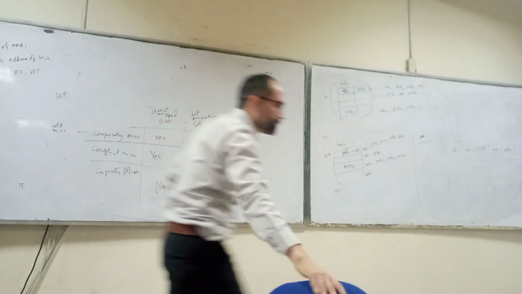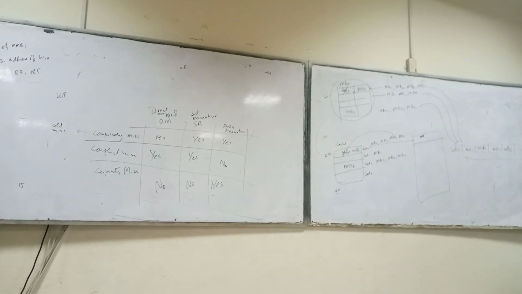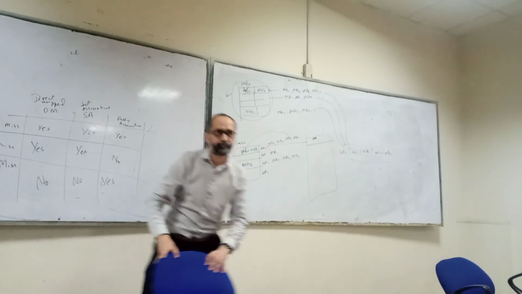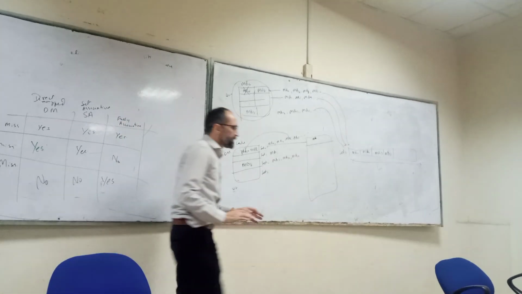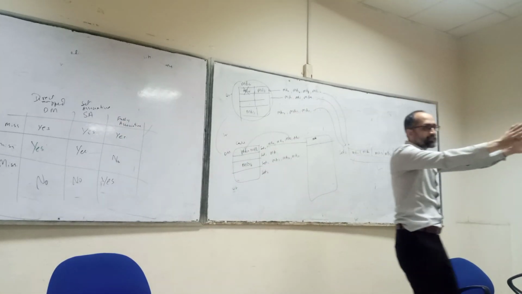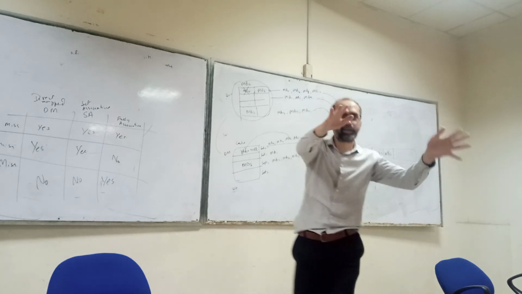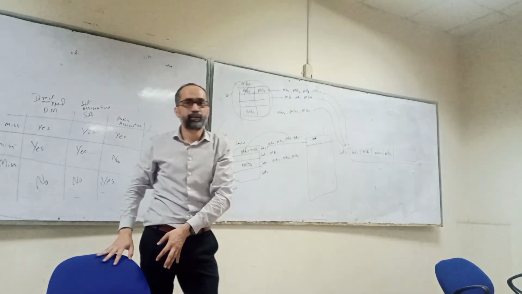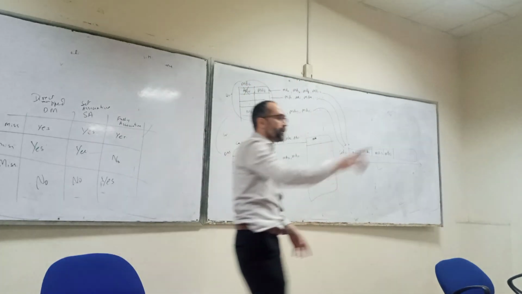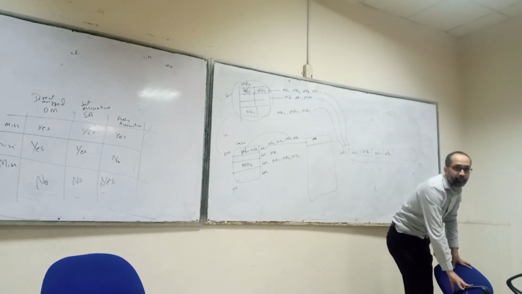Now I will explain this with an example. Let's assume there are two chairs, one chair here and one chair here. All the students sitting in this region can only sit on this chair, and all the students sitting in this region can only sit on that chair. If this student comes here, she sits here.